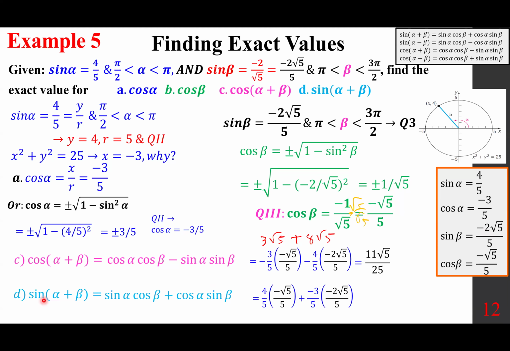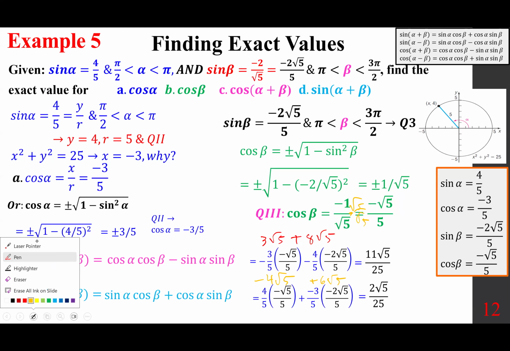The denominator is 25 in both cases. We have minus 4 square root of 5. Over here we have plus 6 square root of 5. Plus 6 square root of 5 with minus 4 square root of 5 is 2 square root of 5. So that's pretty straightforward.